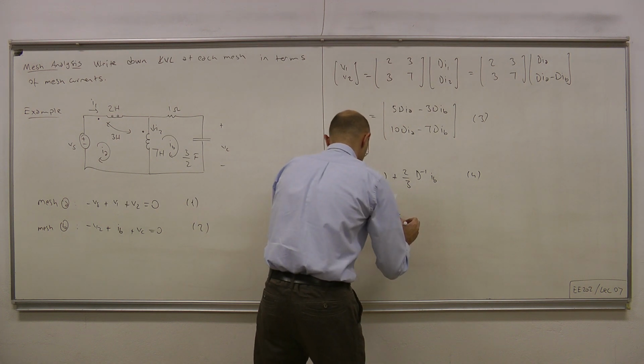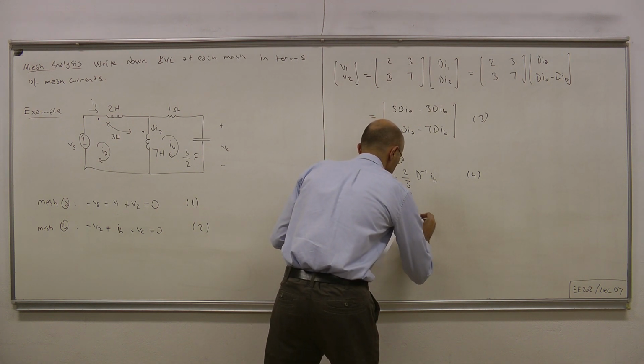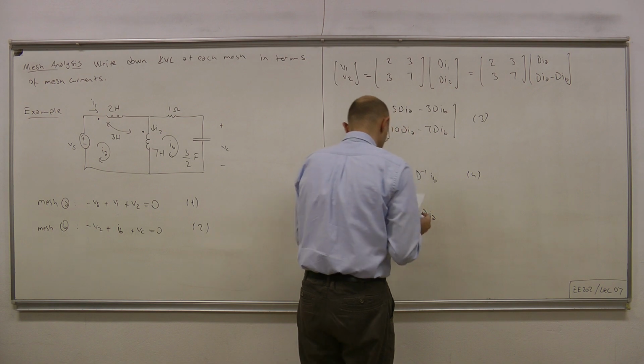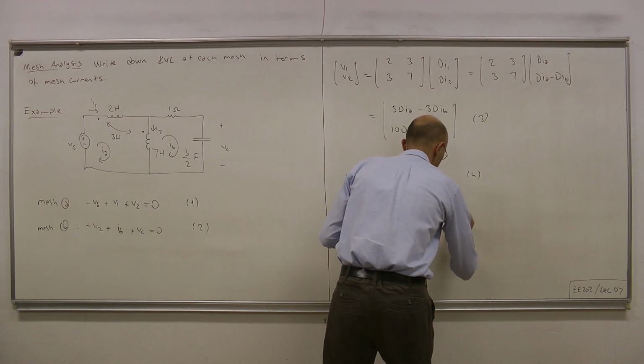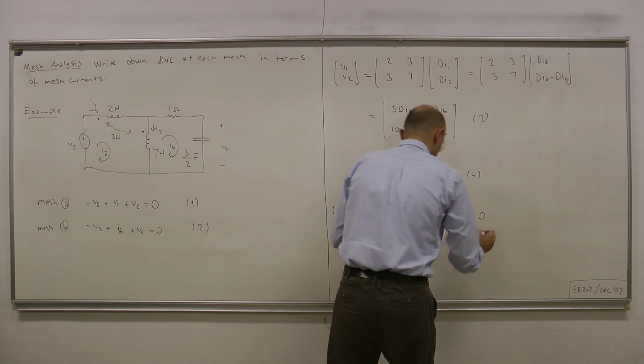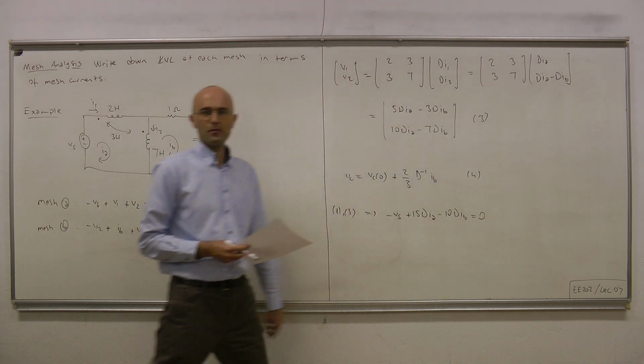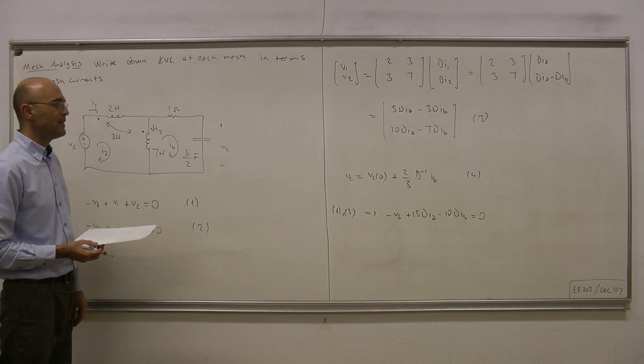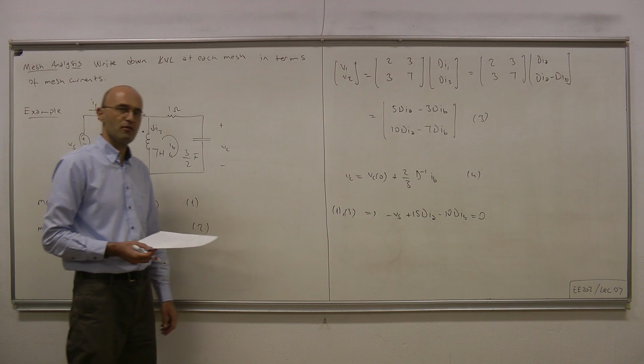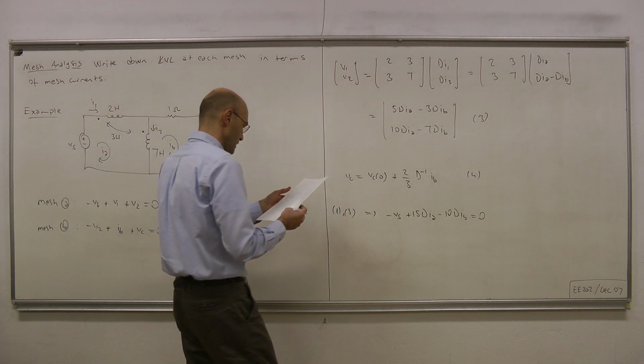Yields minus Vs plus 15 dIA minus 10 dIB equals 0. Now this is a perfectly valid equation because everything is in terms of formulation variables.